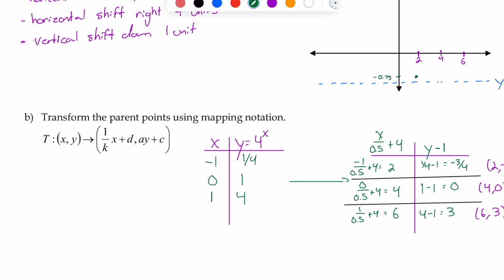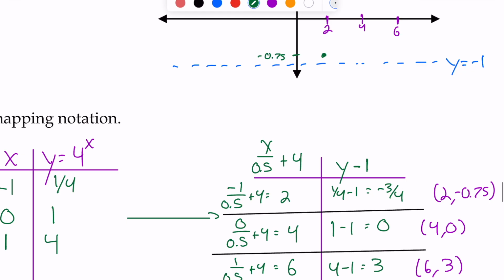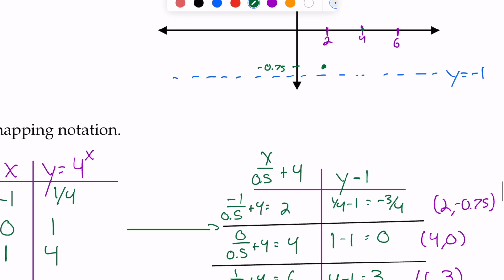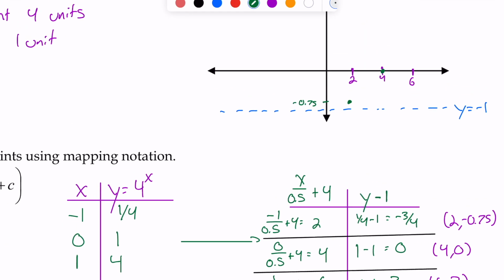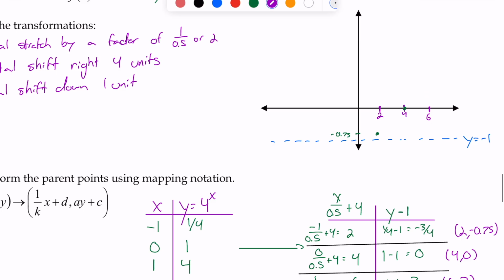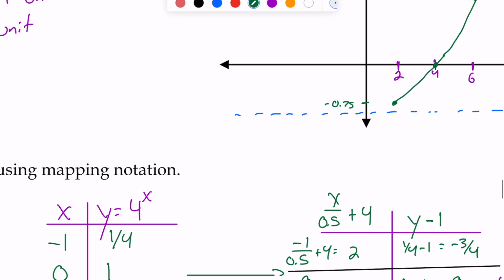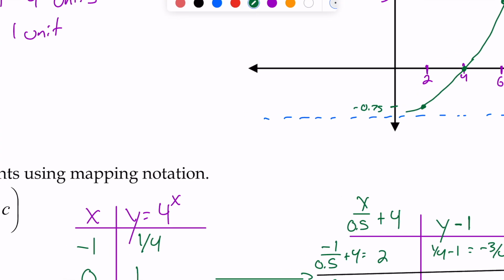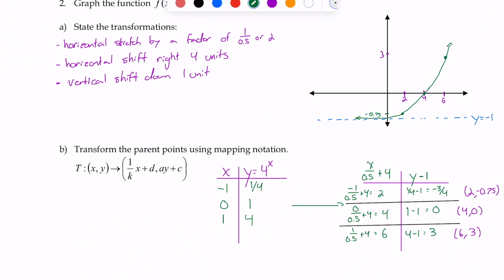It's really close to that asymptote. At 4, you're at 0, so right there. And at 6, you're at 3, so let's say 3 is all the way up here. So there's your function. Connect your points. That's going to go up forever, and then this is going to approach your asymptote like this. And that was f of x.